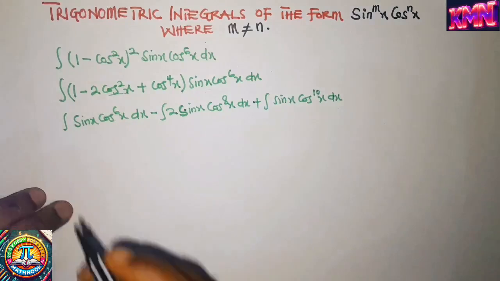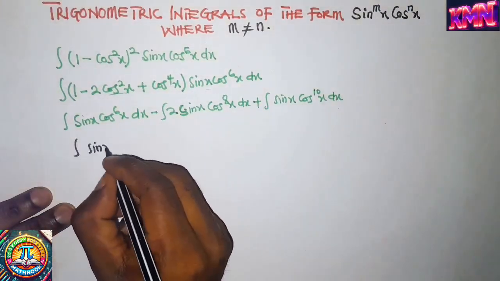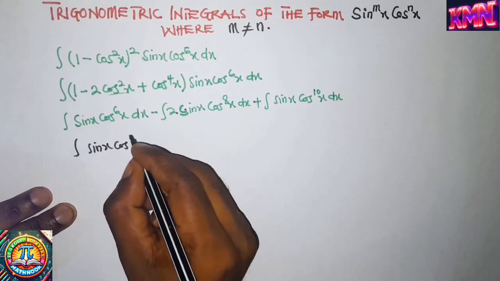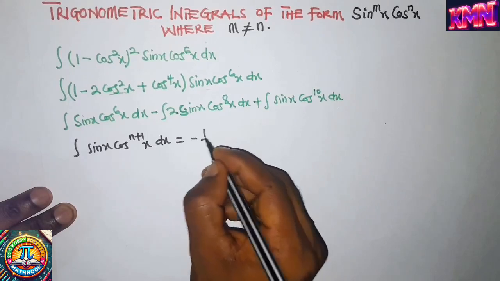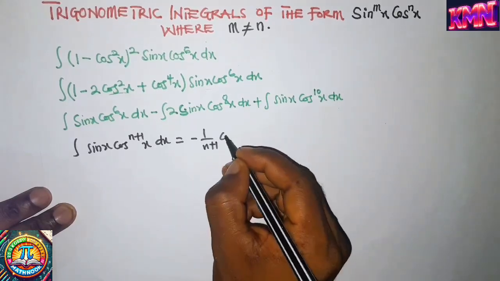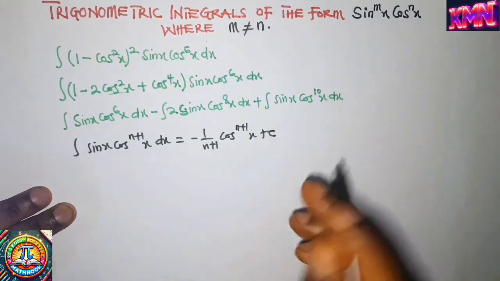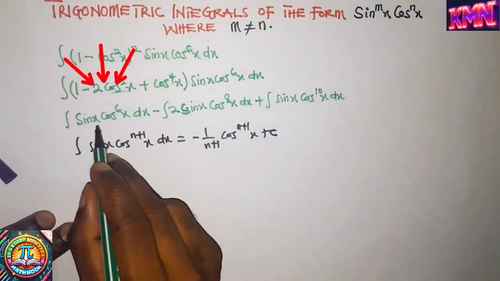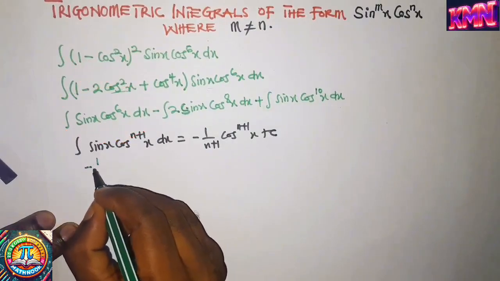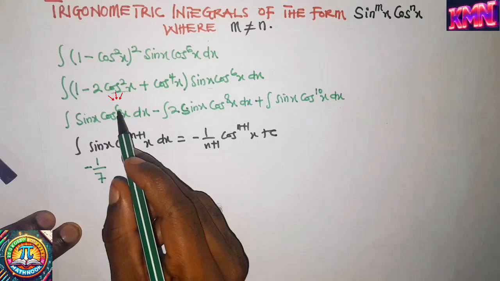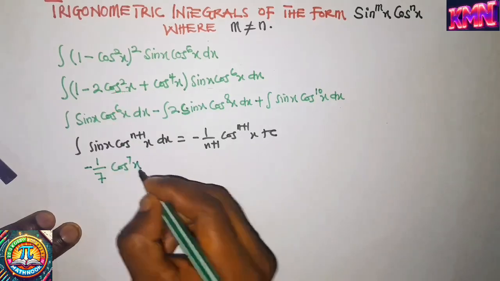So recall that we learned that integral of sine x cosine power n x dx should produce negative 1 on n plus 1 cosine power n plus 1 x plus c. So integral of this will produce minus 1 on 7, we increase the power by 1, cosine power 7x.